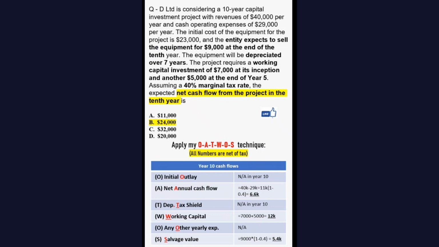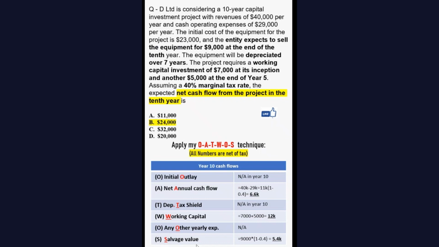So tax shield is not applicable, so again, this is 0. For the working capital part, because we invested 7,000 at the start and then another 5,000 at the end of year 5, both of these, 7,000 plus 5,000, $12,000, will be returned in the final year. And then for any other expenses, the question does not have any specific information about any, so this is again 0.